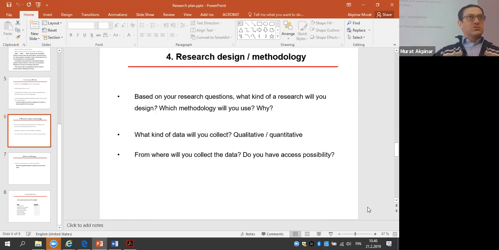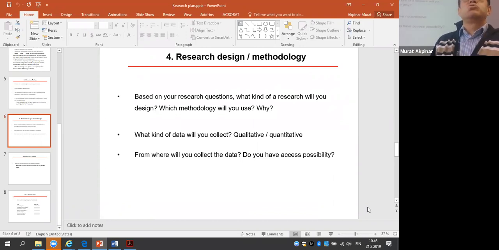The other option is when you are testing some hypothesis. So quantitative approach means you will be collecting quantitative numerical data, and you will be probably using the survey method. You will be collecting data from a sample of minimum 100 respondents.